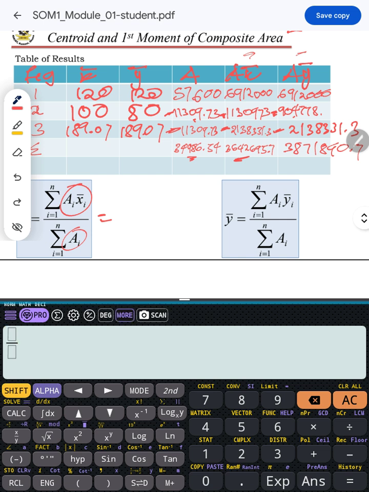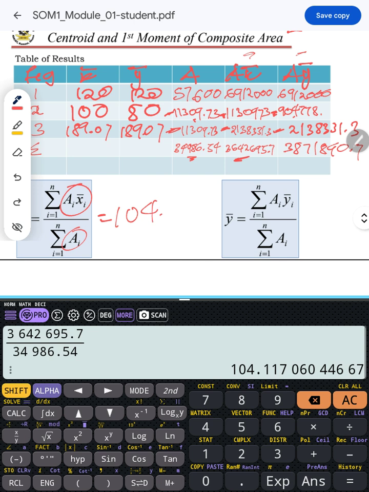So AX is 3642695.7, right? And then the area, which is 34986.54, right? What are we getting? 104 point what? Let's say 2 decimal places, 0.12, right?